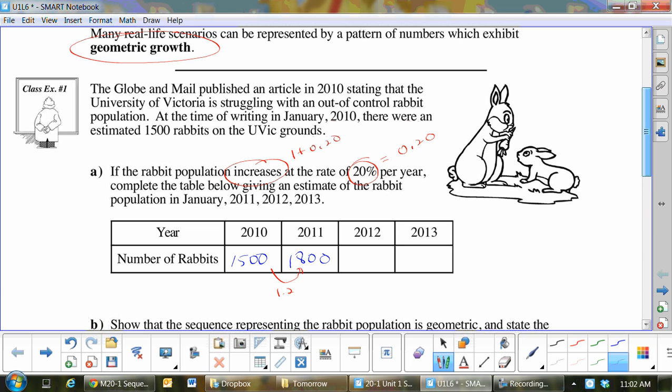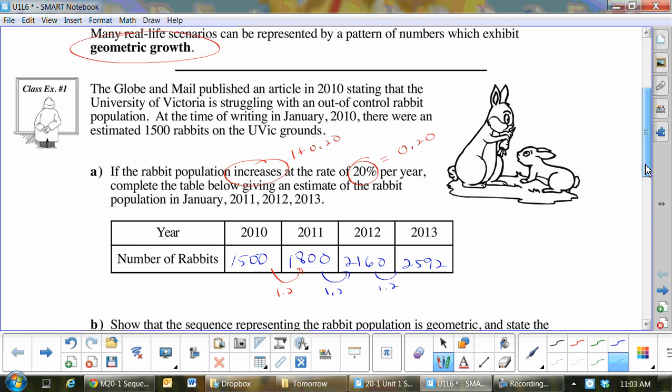How many next year? 2,160, okay, because then we multiply by 1.2, multiply by 1.2, so that's 2,592. Now, this is all cool. We're seeing the chart, 1.2, 1.2.